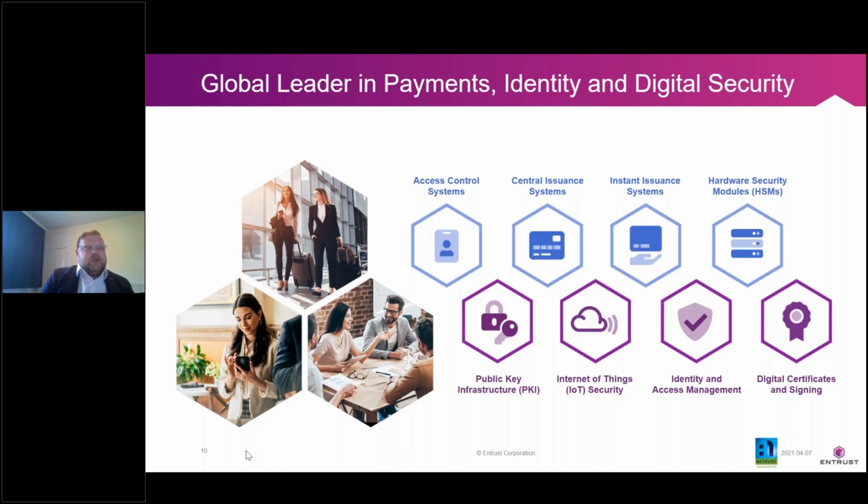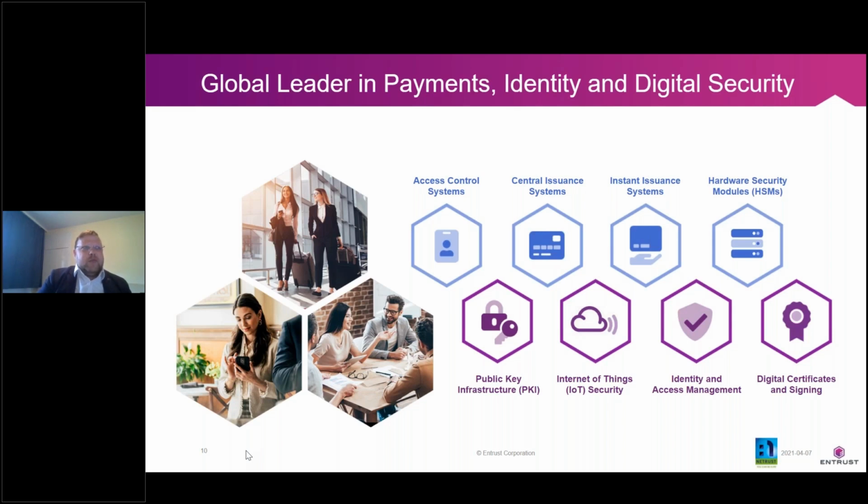We've developed a truly unmatched portfolio of solutions. For decades, our issuance solutions have served as clear industry standards. The majority of the world's financial cards and countless other identity documents are printed, personalized, and delivered using Entrust solutions.